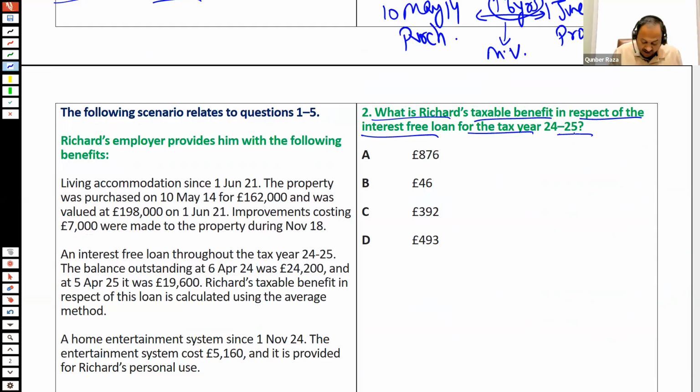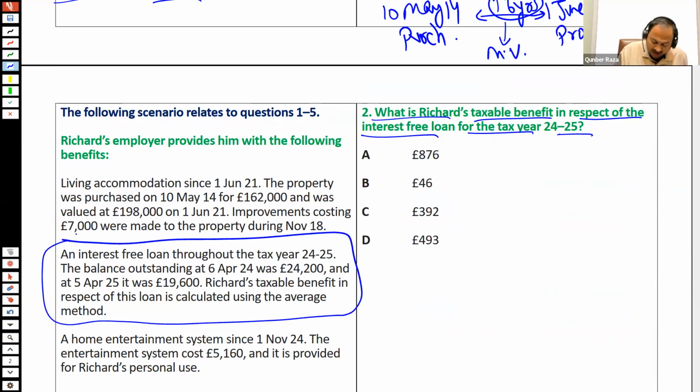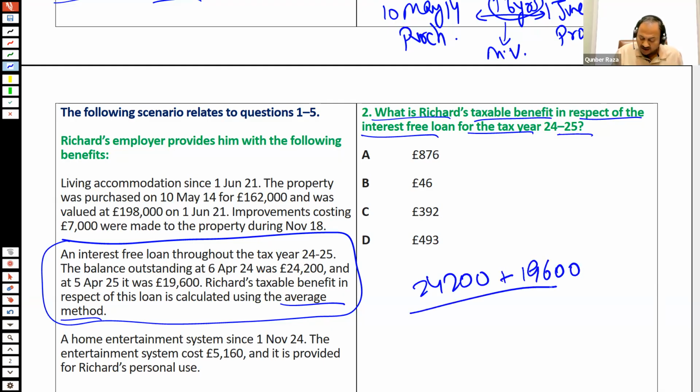So the taxable benefit, as already mentioned in the question, is on the basis of the average method. Now, how to calculate the average method? The average method is loan at the start, which is 24,200, plus loan at the end, 19,600, divided by 2.